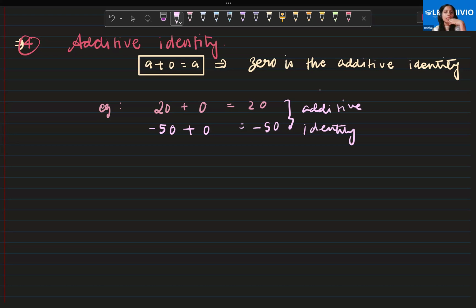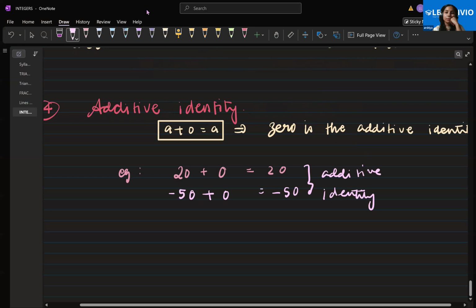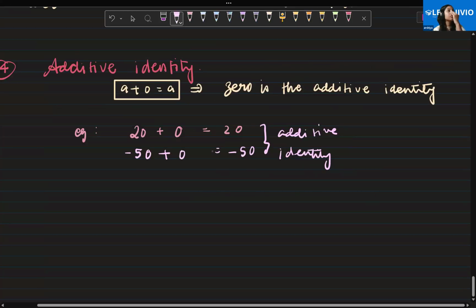Ma'am, for me, it's showing that you have paused your screen share. Can you see the screen or is it blank? Wait, give me 1 second. Tell me once everyone is done. Now I can see.